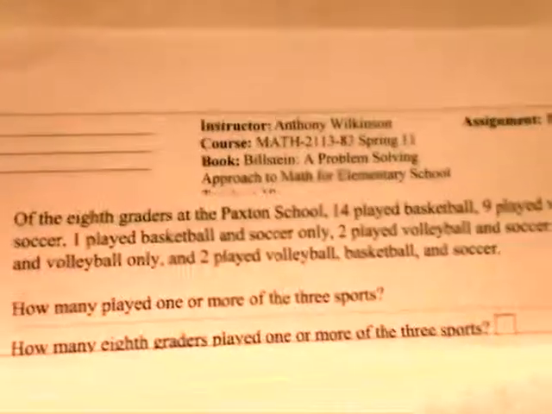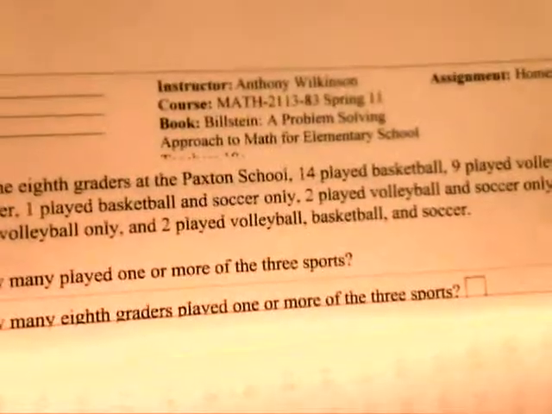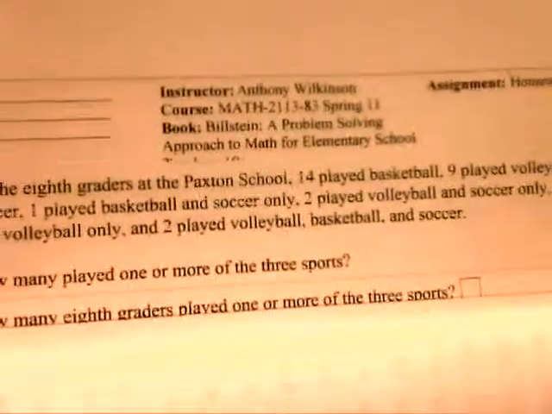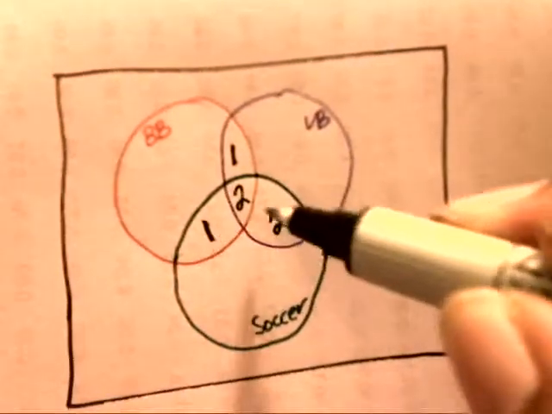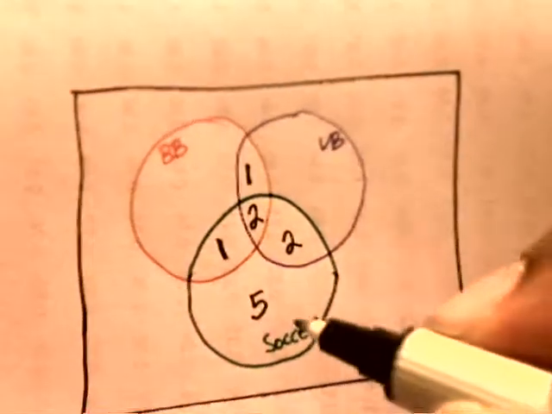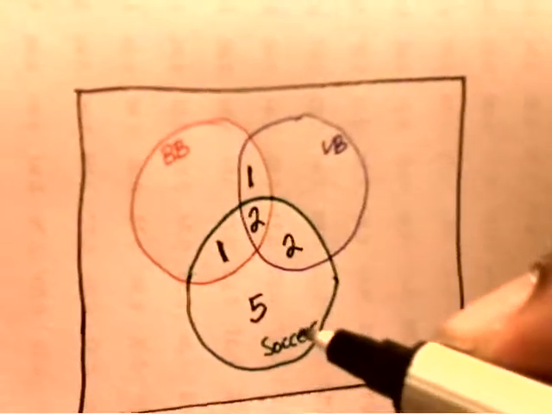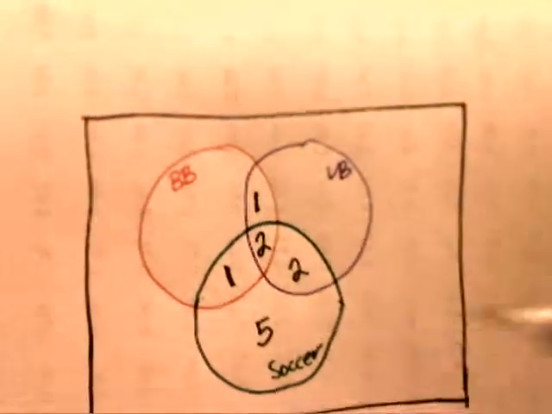And then we're told that 10 played soccer. This whole green circle represents soccer. We got the 1, the 2, and the 2 here. Add those up, you'll get 5. And then 5 from the 10 will leave you 5. So the 5 will go there. And then we're told that 9 played volleyball.